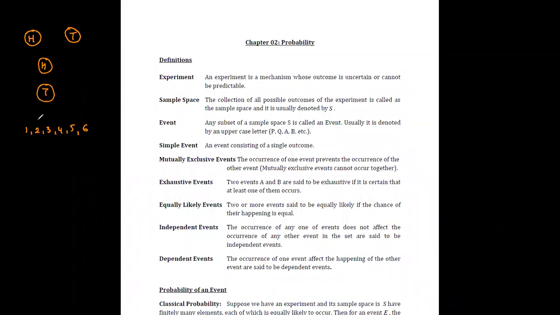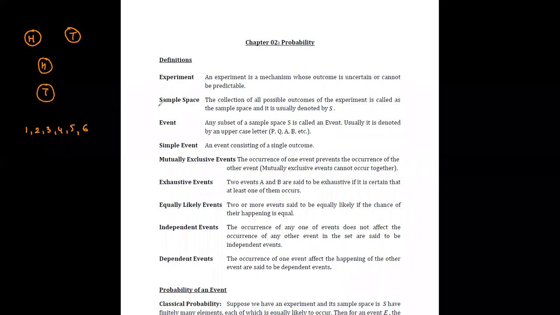It can be 1, 2, 3, 4, 5, or 6. But none of us can say that exactly we are getting 1 this time, or exactly 2. The only thing we know is the possible outcomes, and none of us can say the exact outcome once you perform this trial of the experiment.